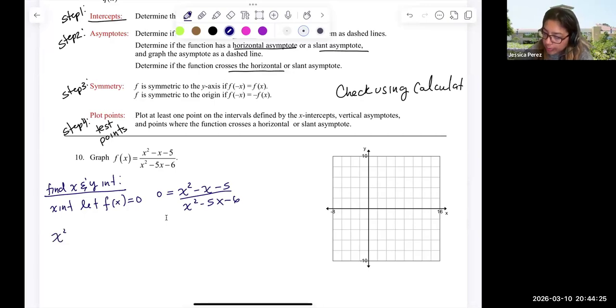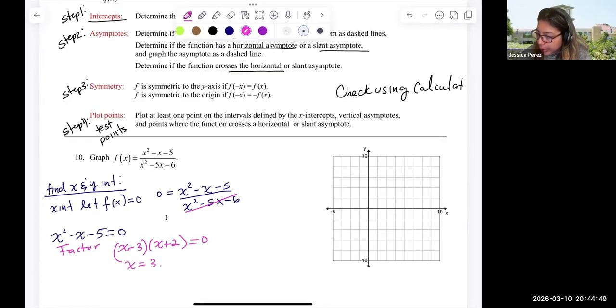So it's x squared minus x minus 5, set equal to 0, because the denominators will cancel if you multiply it out. Then you factor that numerator, and that's x minus 3, x plus 2, set equal to 0. I get x equal 3 and x equal negative 2.